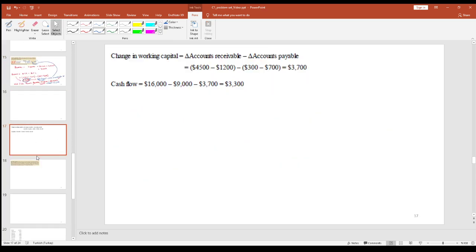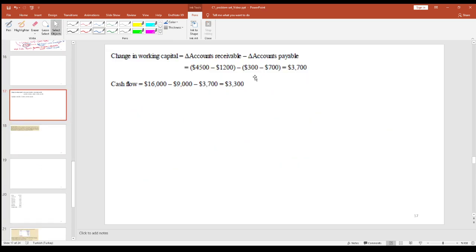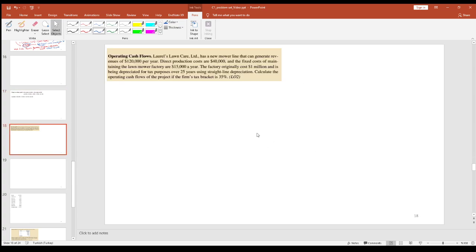Okay, another one here. So we have an operating cash flows problem. Laurel Lawn Care Limited has a new mower line that can generate revenues of $120,000 per year.